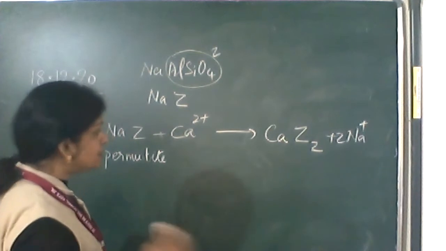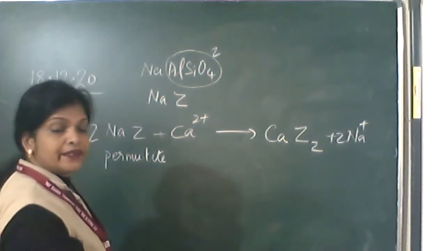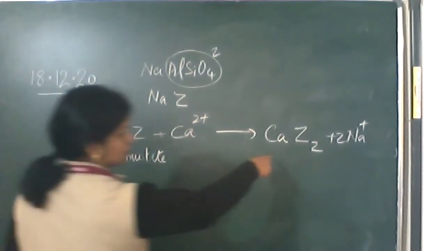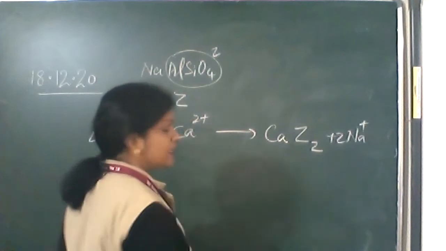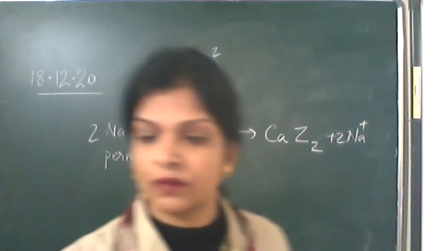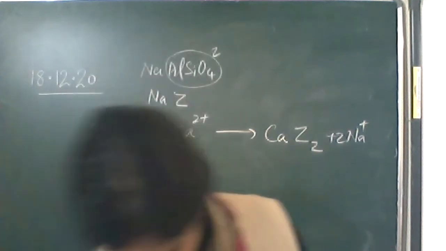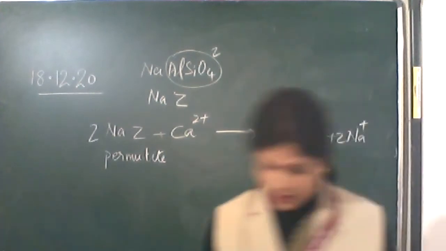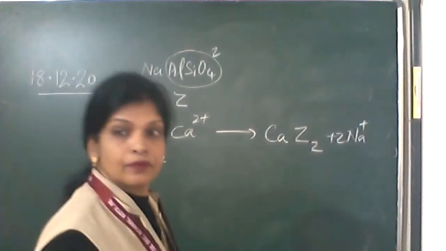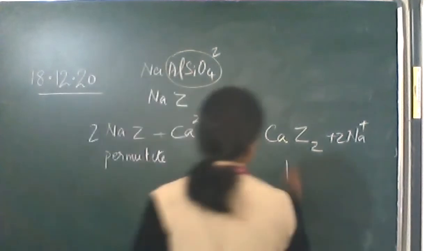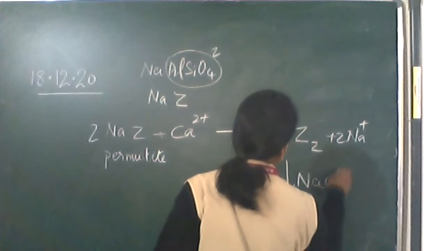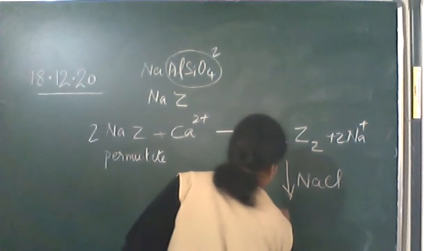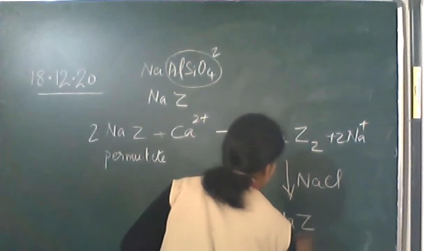Now, you can regenerate that by passing NaCl solution through this CaZ2. When you pass NaCl solution through this, then again that NaZ will be regenerated.